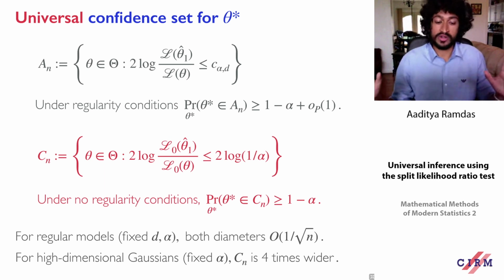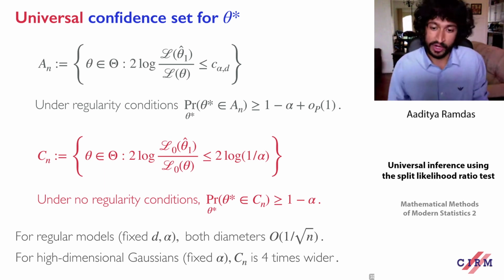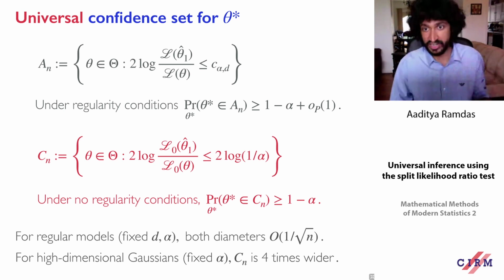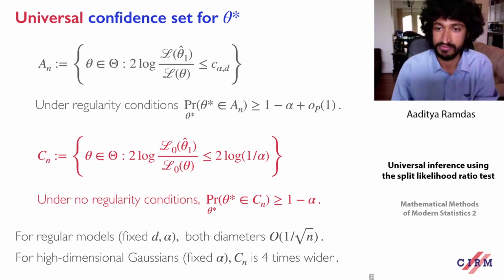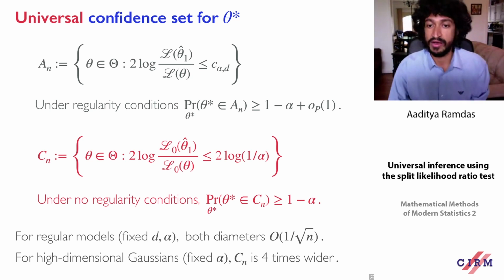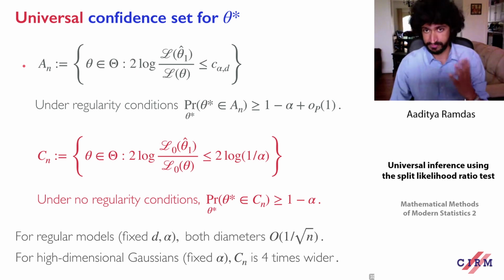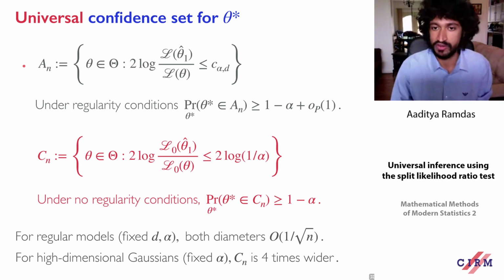So just a note that I've presented everything from the point of view of testing, but you can invert the test to get a universal confidence set for the unknown theta star. Okay, so here's the A_n, the usual likelihood ratio confidence set.